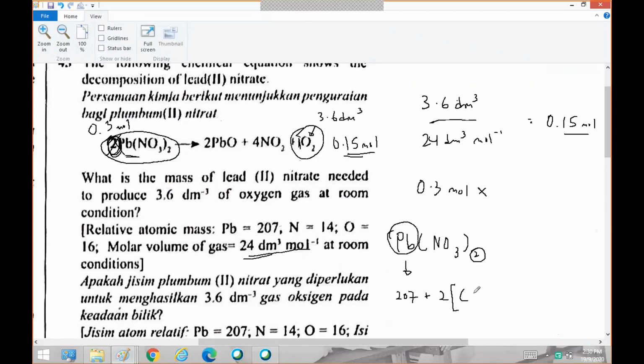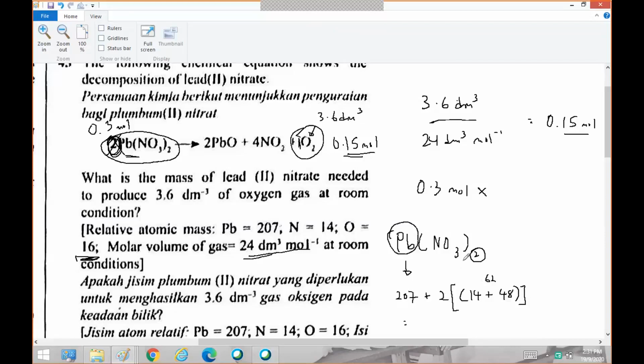You've got 14, plus, wow, this is a lot of brackets, isn't it? Never mind. So this is 14, and we got oxygen. Oxygen is 3 times 16. So that will be 48. This is the relative molecular mass. So this one will be equal to 62. 62 times 2 is 124, right?